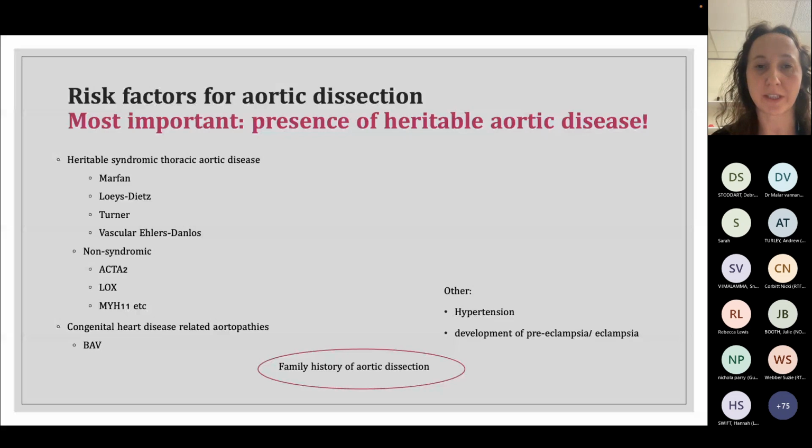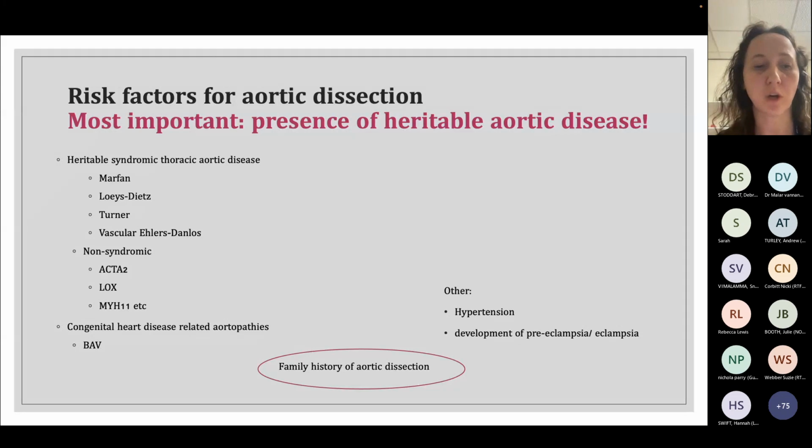So the risk factors for the dissection, the most important one is the presence of heritable aortic disease, and this can be either syndromic, so conditions such as Marfan syndrome, Loeys-Dietz, Turner, vascular Ehlers-Danlos, but also non-syndromic heritable thoracic aortic diseases caused by the mutations in genes such as ACTA2, LOX, or MYH11.